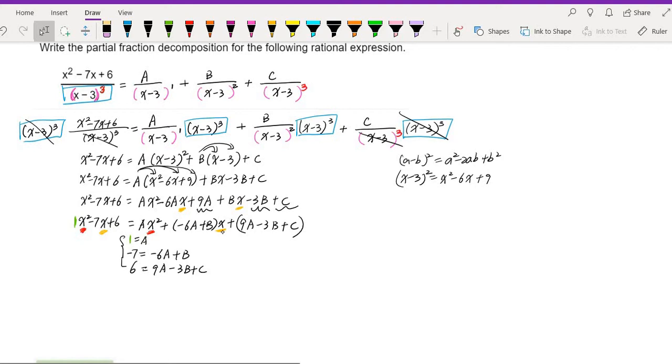All right, a is 1. So that will be −7 = −6 times 1 + b. And then from here, that will be −7 + 6 = b, which gives our b equal to −1. And then we're going to plug a and b into the third equation. That will be 6 = 9 times 1 − 3 times −1 + c.